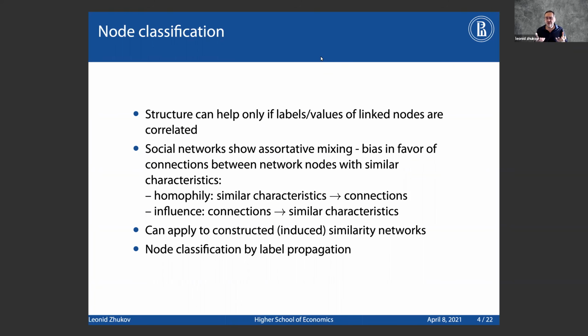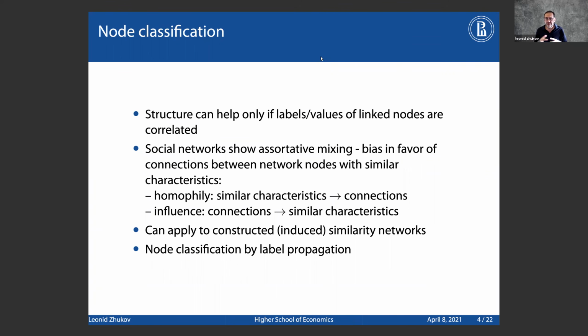Because otherwise, if there is no correlation between the values of connected nodes, then there is really no help out of structure. Now, in social networks, that actually works because we know that it usually has this assortative mixing property, a bias in favor of connecting between nodes with similar properties, right?